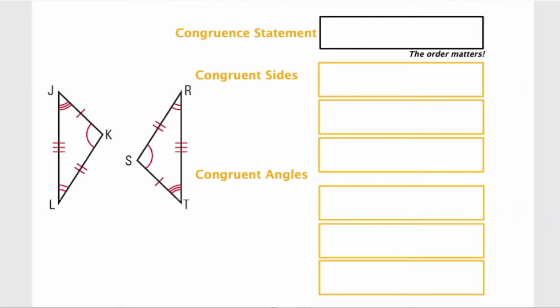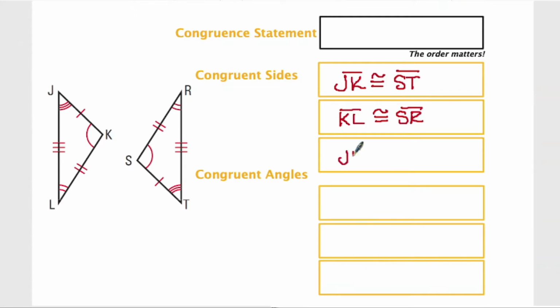Let's start with all the congruent sides that are marked. Let's start with those single ticks. Do you see how JK has a single tick? So JK is marked congruent to ST, also a single tick. Double ticks: KL is marked congruent to SR, double tick.